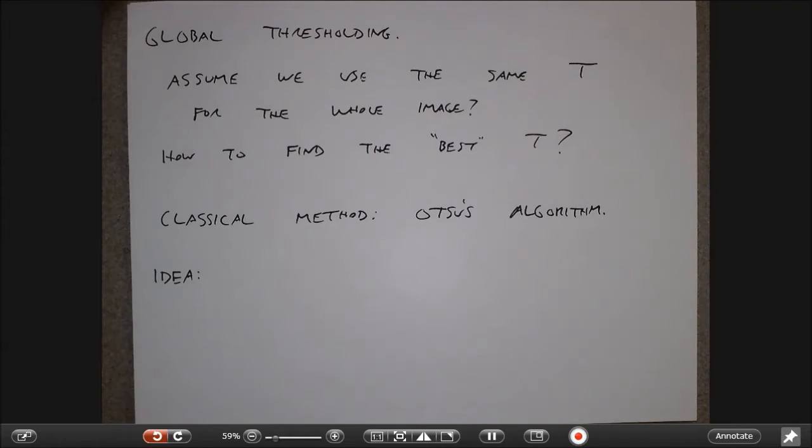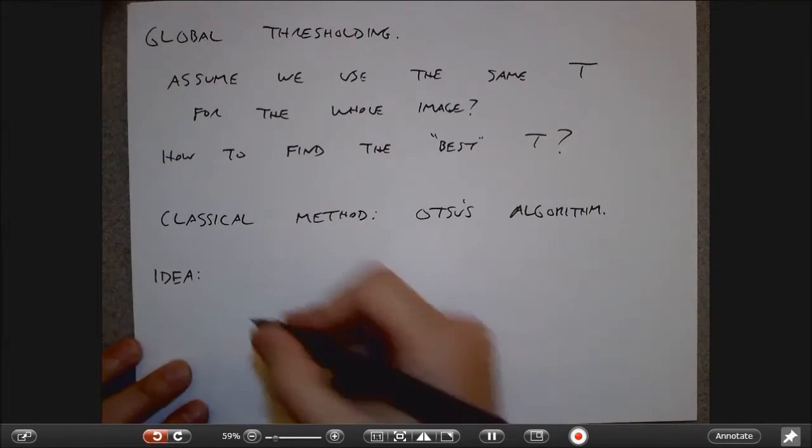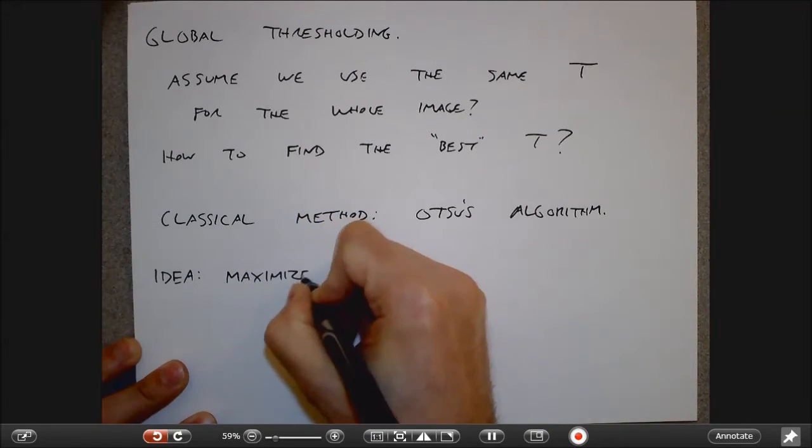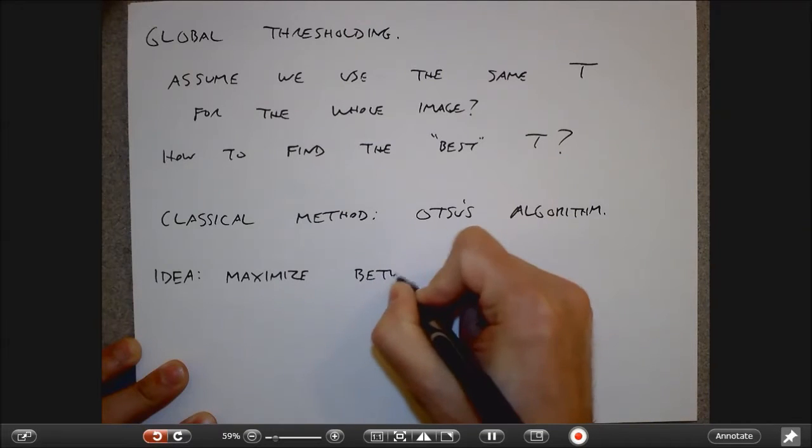Foreground class and background class. And the idea is that I want to choose a threshold that makes those classes as well separated as possible. So within each class, I should have the variance of the distribution be as low as I can, and I also want those two means to be far apart from each other, right? So the idea is that I want to maximize this so-called between-class variance.